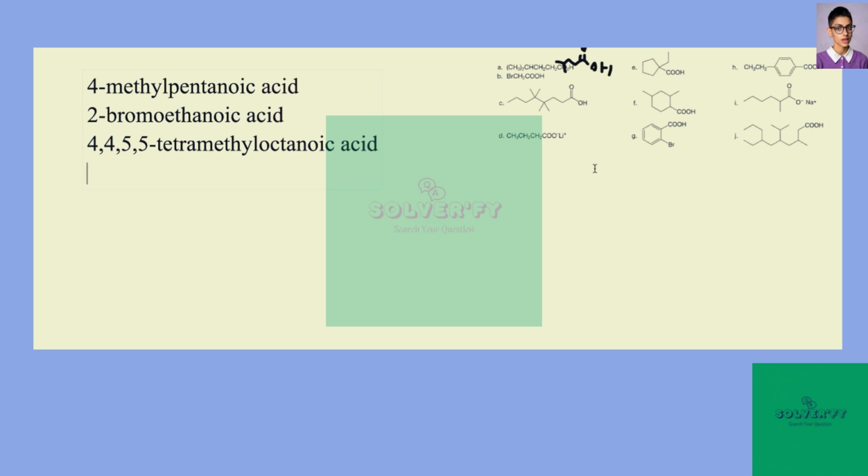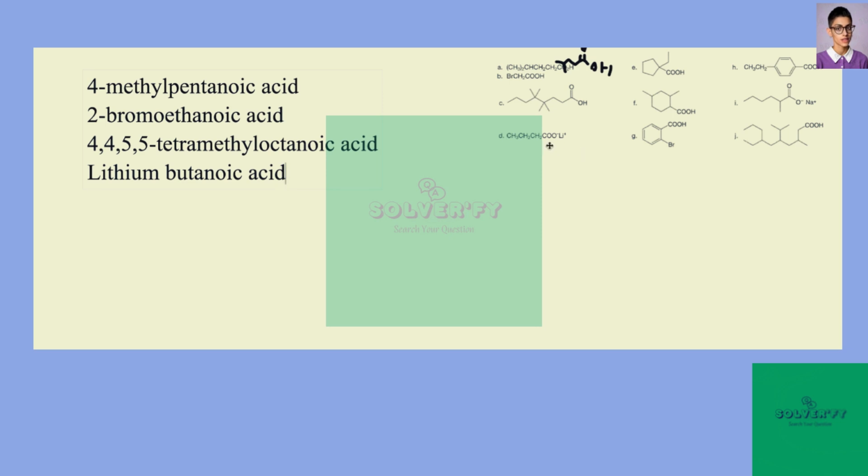Now, what about for D? So D, we now have a salt. So we know the salt name will come before anything else. So let's just write that out. So we have a lithium. And what's the parent chain? Well, we have now the carboxylate conjugate base, but we have 1, 2, 3, 4 carbons. So this is a butanoic acid.